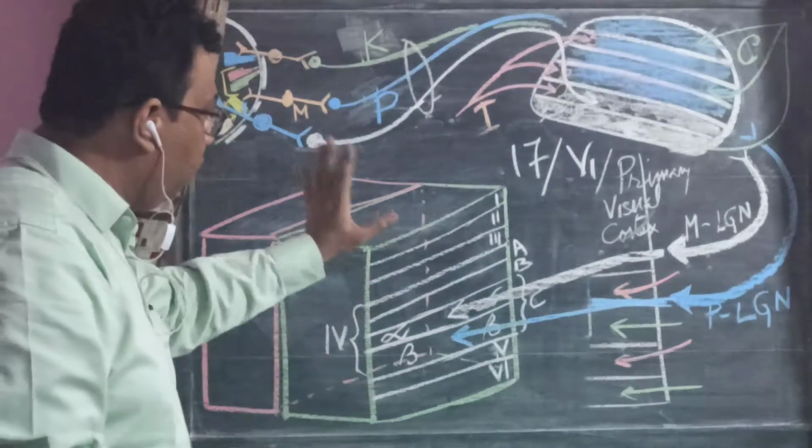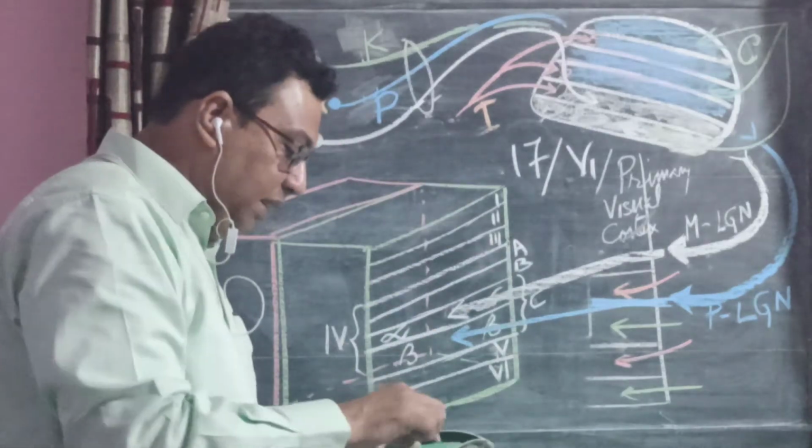So what are the other components, other than ocular dominance, that we see?